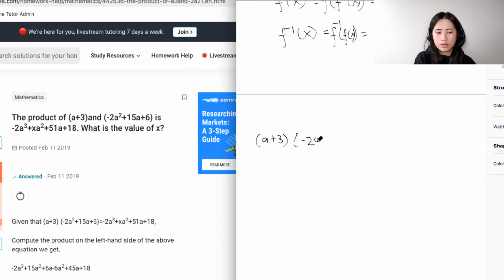So this is negative 2a squared, and this is plus 15a plus 6. And this is going to be equal to, as you can see, negative 2a, and I don't think we're going to fit. So let me move this.